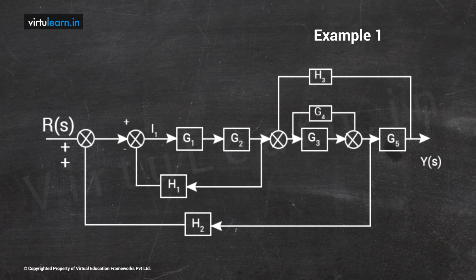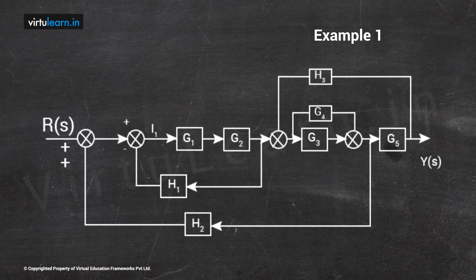In this block diagram, if you look at G3 and G4, these two are connected in parallel, and they are in a very standard format. So no other connection is available for G3 and G4, and at the summing point we have plus. Therefore G3, G4 and the summing point can be minimized into a single block.